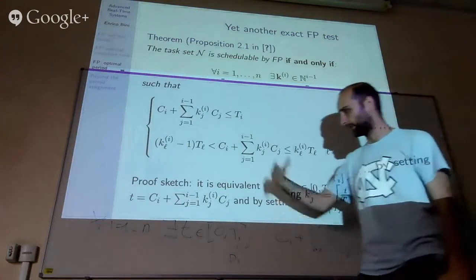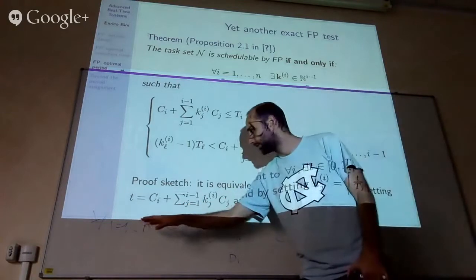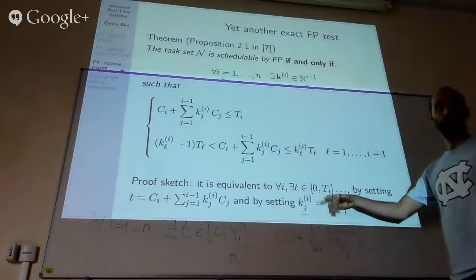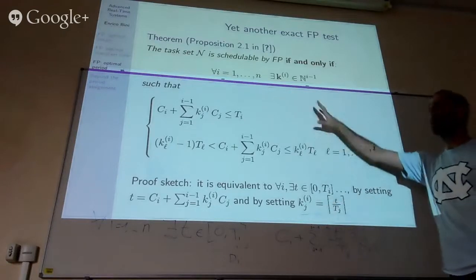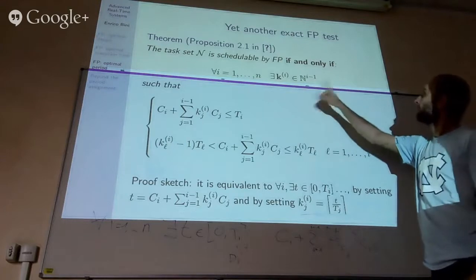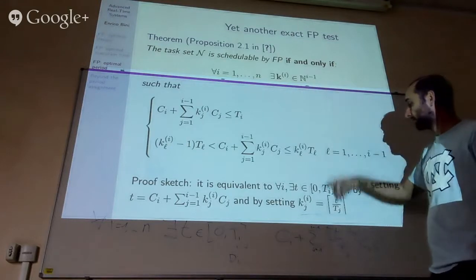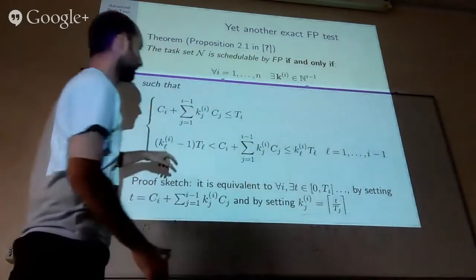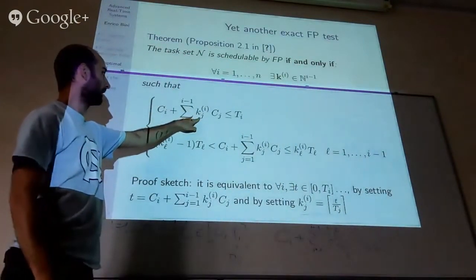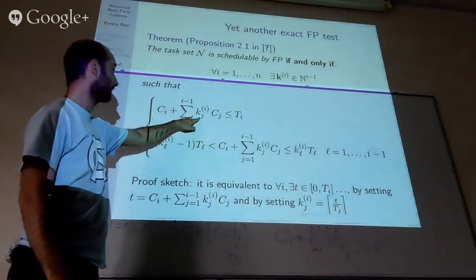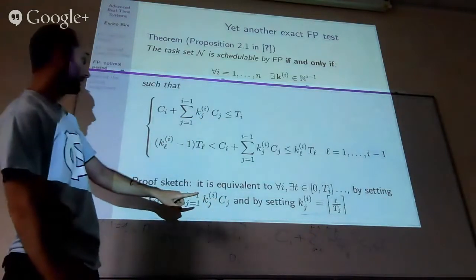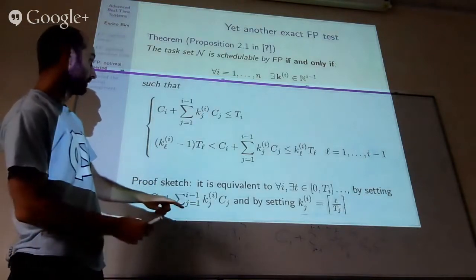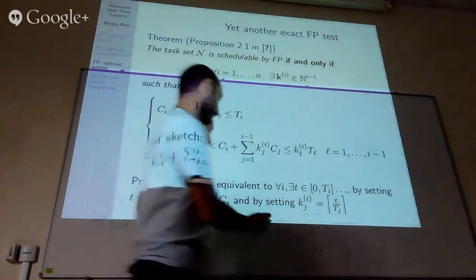So now, from the beginning, we know that for all i there exists T such that this holds. I define K like this, and I want to see if this K satisfies these properties. Now, for all i there exists K, so let's see if it satisfies this property. If I plug those Ks here, I get exactly this.